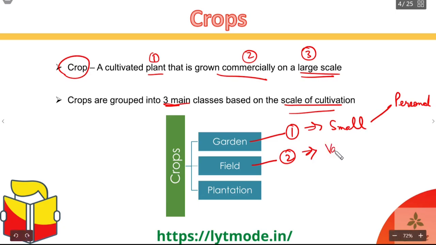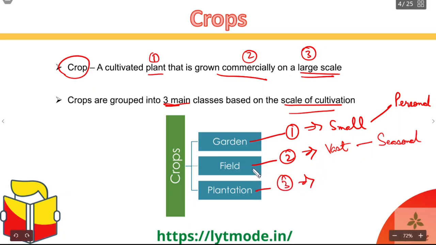Okay, so they are grown on a very vast scale, and these crops are basically grown seasonally. Okay, so crops like rice, wheat, sugarcane, pulses as well, all of them come under field crops. Then comes the third category, which is of plantation crops.